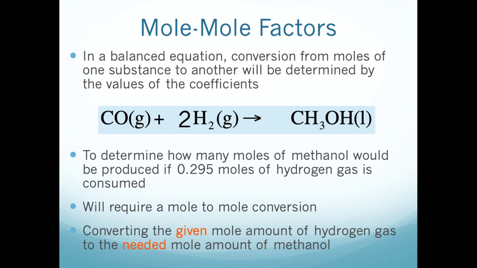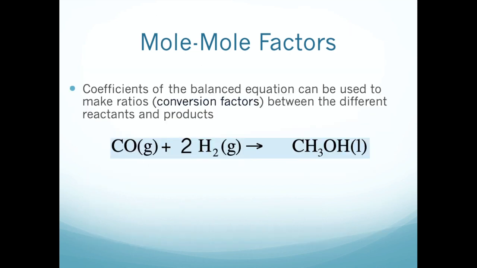This is going to be the heart of every stoichiometry problem that we do. Okay, the steps before and after it might change, not just in this chapter, but even in subsequent chapters. This is going to be a step that we're going to see several times in our work. But this step of getting from moles of one chemical to moles of another chemical is going to be very important.